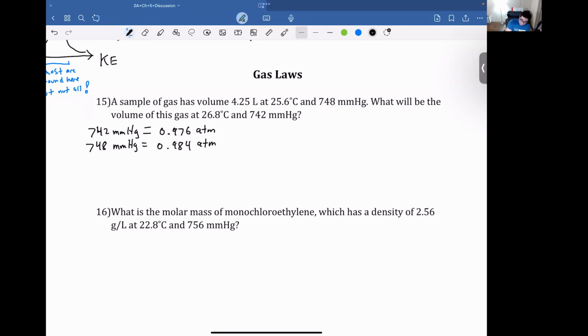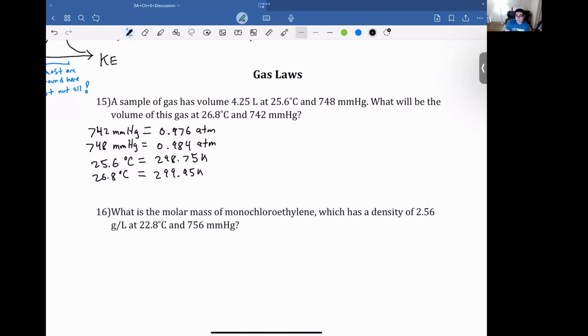And then for Kelvins, I have 25.6 degrees Celsius plus 273.15. It's 298.75 Kelvin. And then for 26.8 degrees Celsius, we have 299.95.